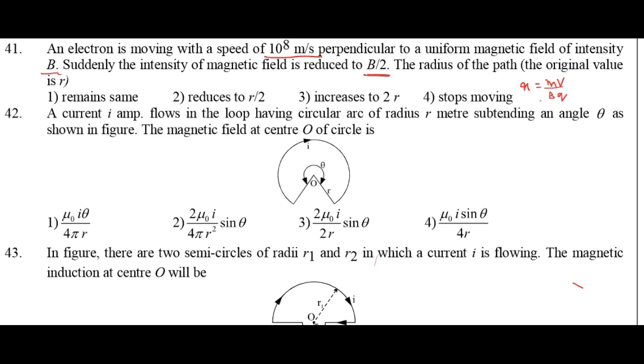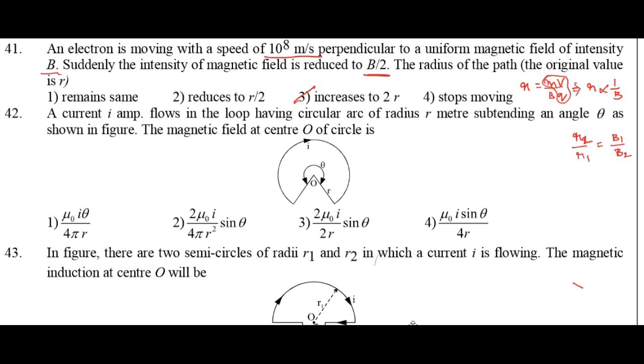Now, all of them are constant, so the relation I can write is R is inversely proportional to B. Now, when B reduces to B by 2, then R increases to 2R. Or else you can write R2 by R1 is equal to B1 by B2. You just substitute the values, and R2 will be 2R.